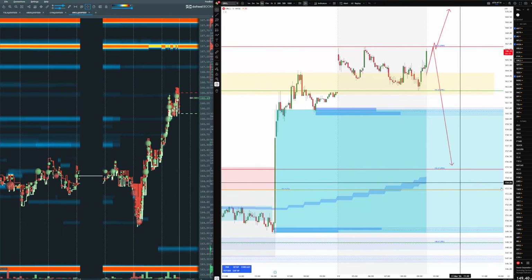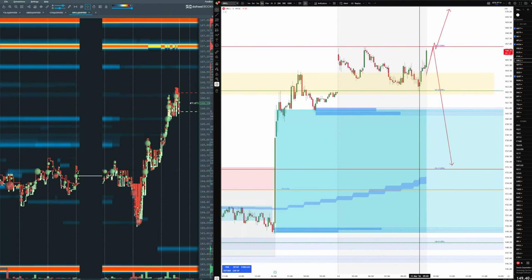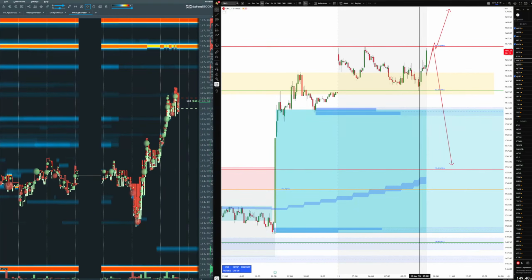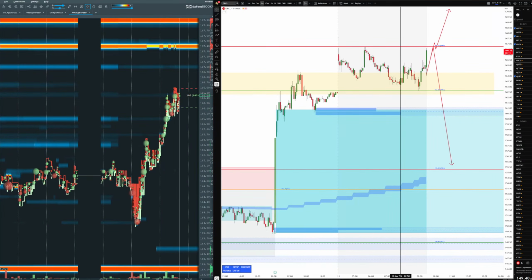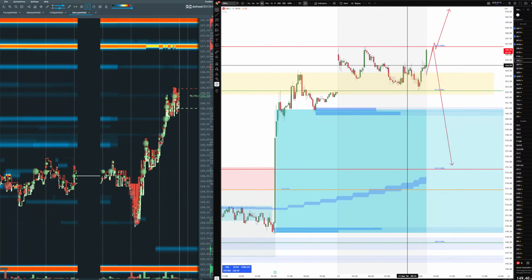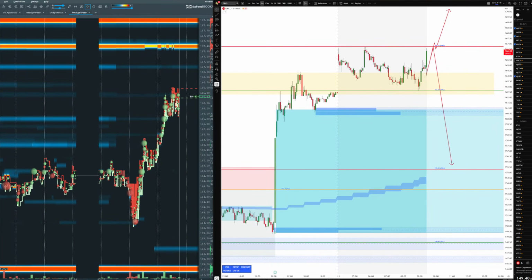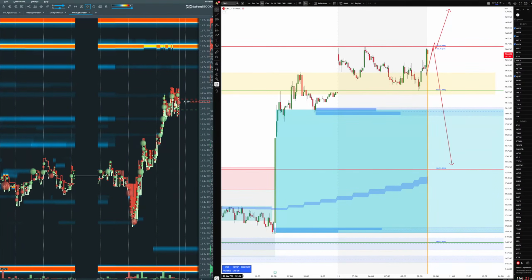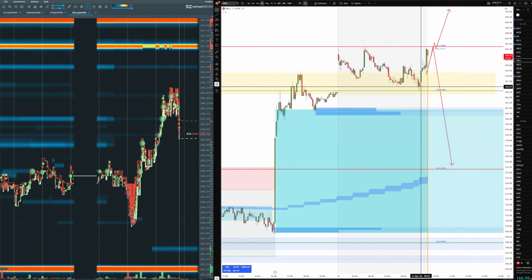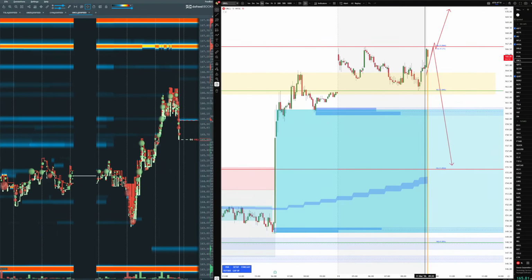So we see right now that Oracle is pushing. 15 minutes to the gate. NVIDIA, big push right away at the gate.